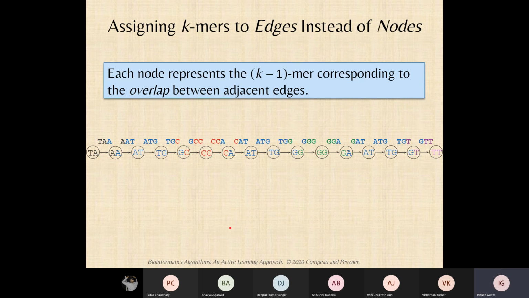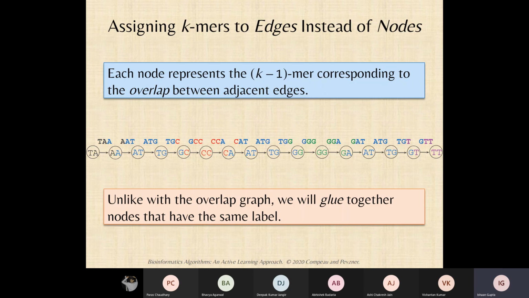Given a set of k-mers, each k-mer is first broken down into two nodes corresponding to the prefix and the suffix of that k-mer, and an edge is drawn between those nodes, which represents the k-mer itself. This is a simple flip in how we represent the data, and you will see that it changes dramatically how genome reconstruction can happen and simplifies the problem a lot.